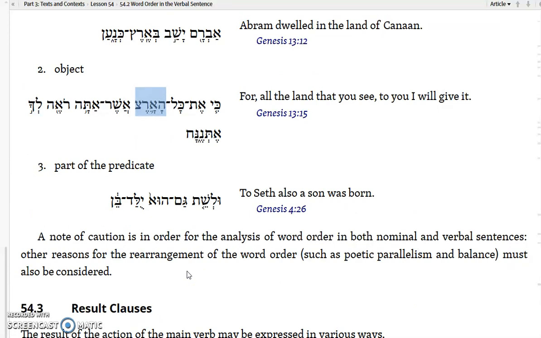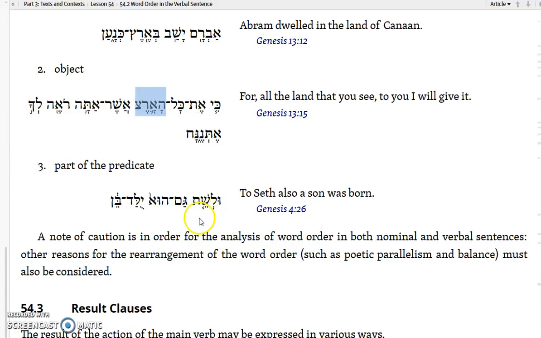Third, you can place part of the predicate in front of the verb. Ulshet gam hu, yulad ben.